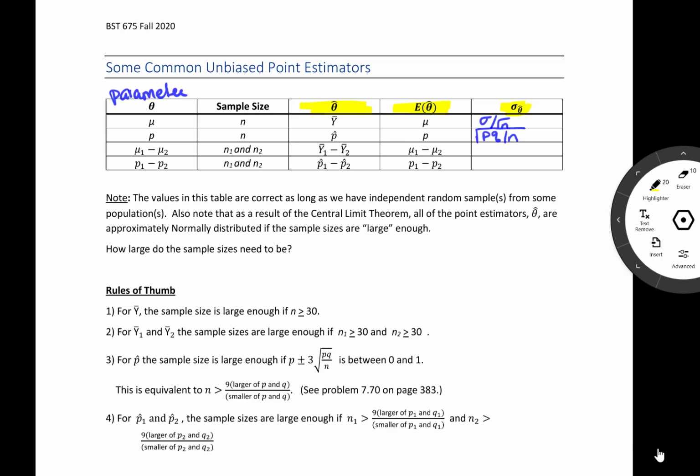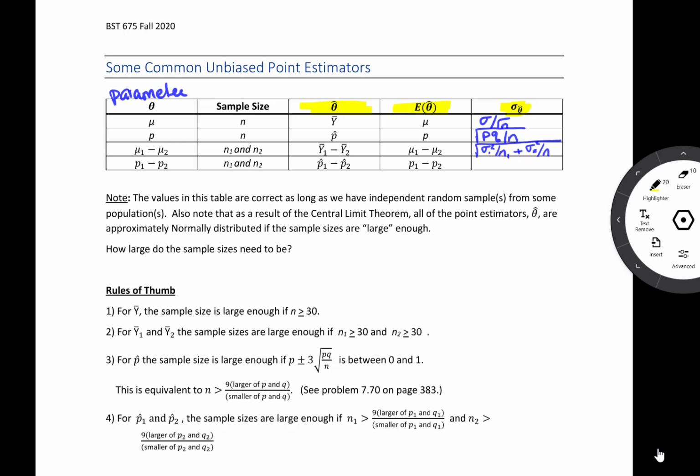When we are interested in the difference of means, mu1 and mu2, here I'm going to have the variance from the first population divided by its sample size plus the variance of the second population divided by its sample size and then the square root of the whole thing. And so you've probably seen that formula before.